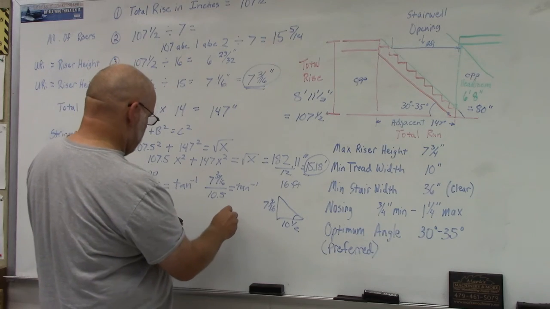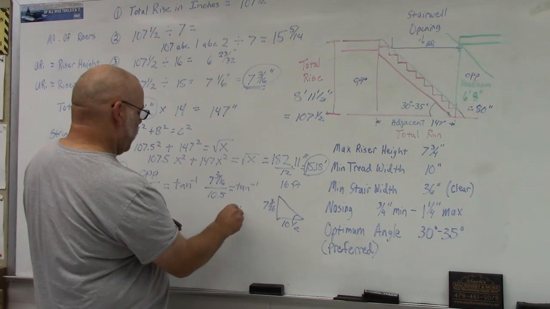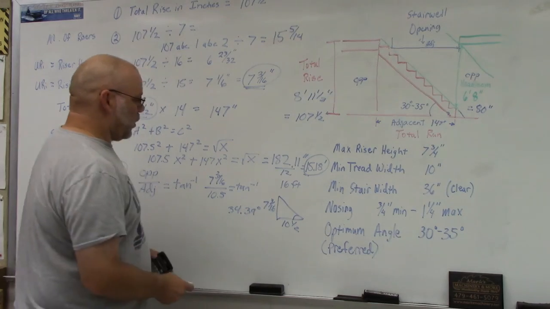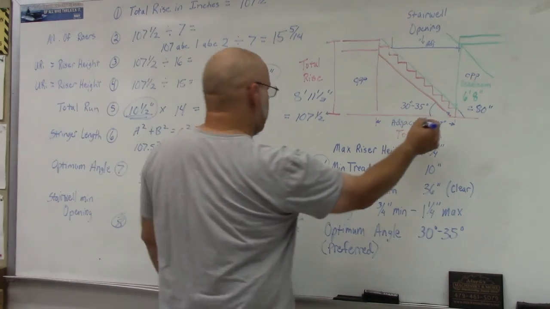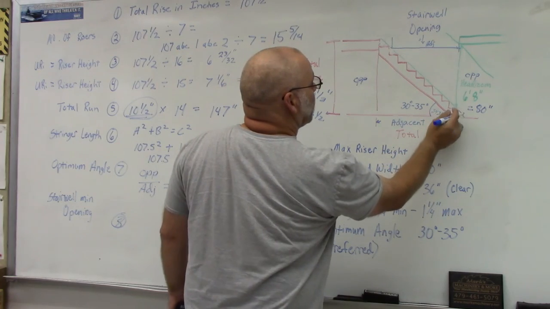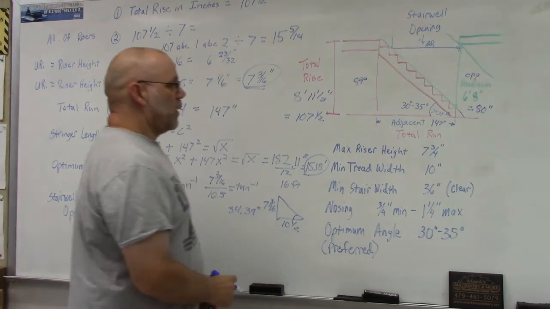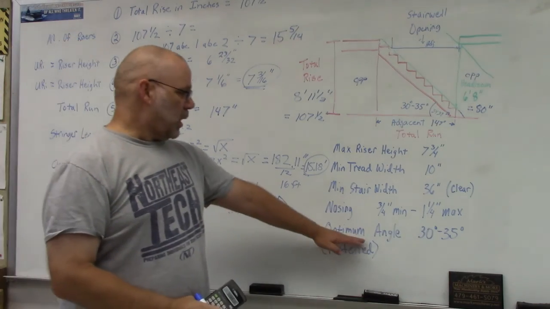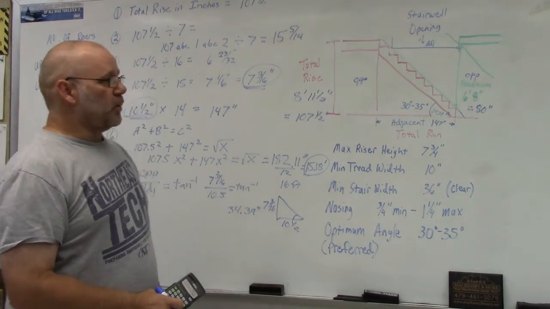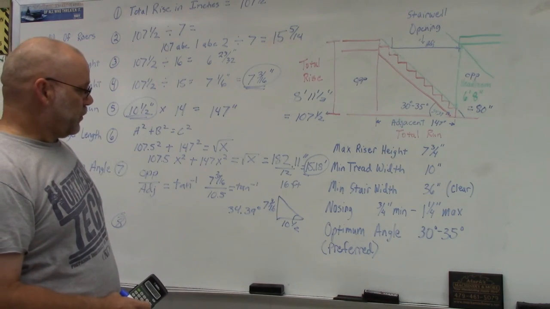And you get 34.39 degrees. So this angle is 34.39 degrees, which does fall within our optimum angle, our comfortable preferred angle for our staircase.